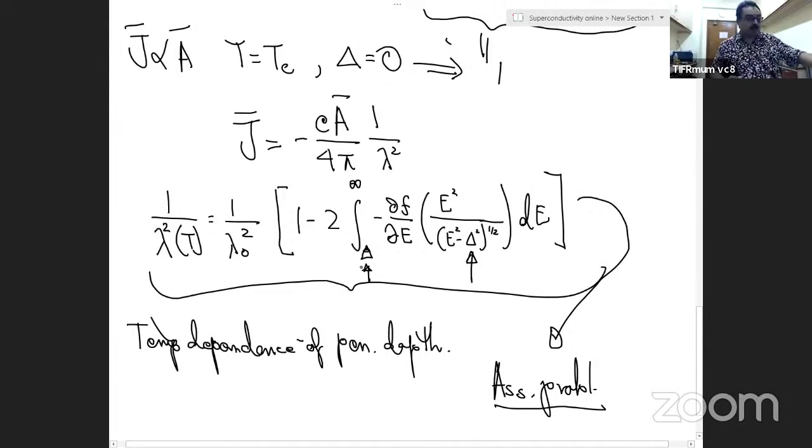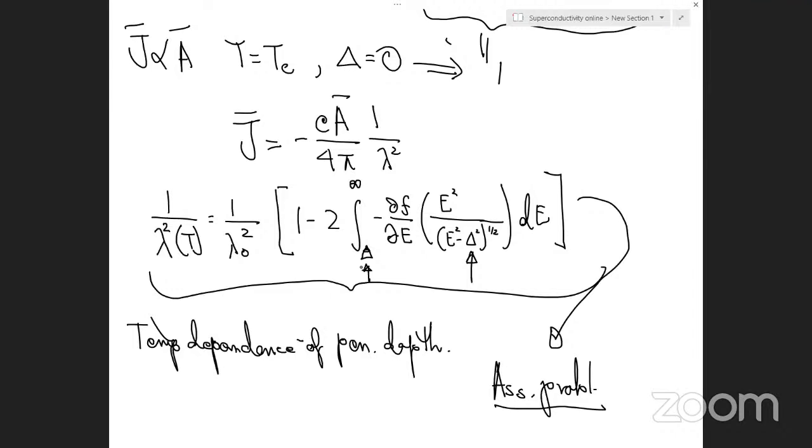I haven't decided which one, but we will complete some of these intricate aspects of the superconducting state, whatever we have got from BCS theory. And from next week onwards, we'll start with the real space formulation of BCS theory, which is the Bogoliubov-de Gennes equation. Okay, so I stop here. Questions?